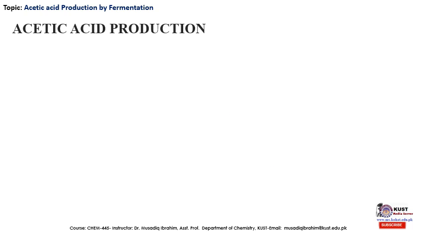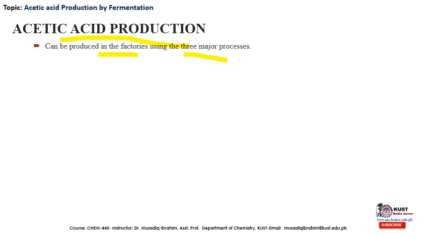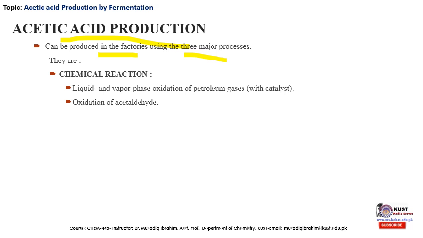Now the acetic acid production. It can be produced in the factories by using three major methods, and they are the chemical reaction, in which the liquid and vapor phase oxidation of petroleum gases is taking place along with the catalyst, as well as the oxidation of acetaldehyde.